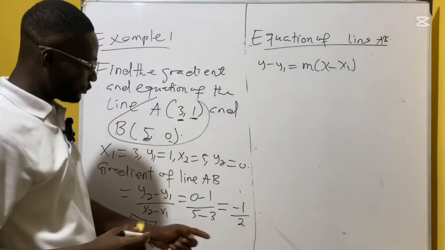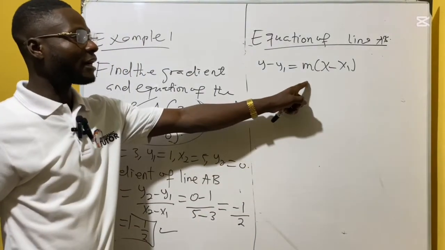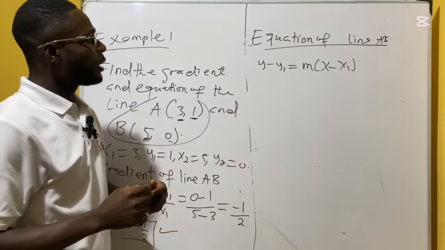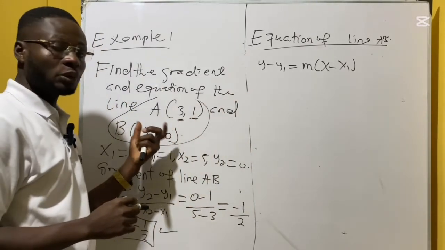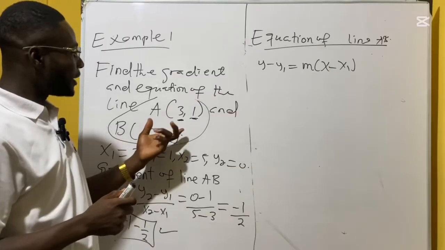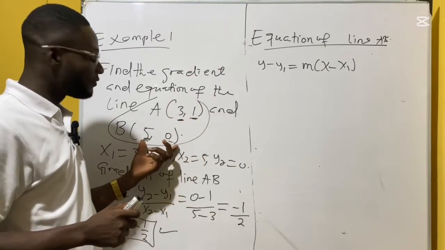So here we know our m to be negative half, and here what we do is that we decide on either of the points.